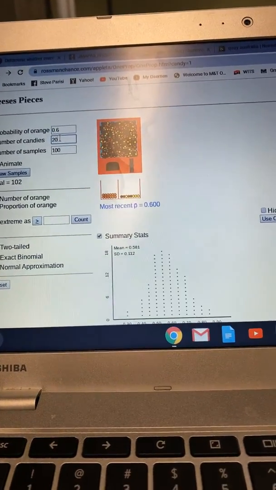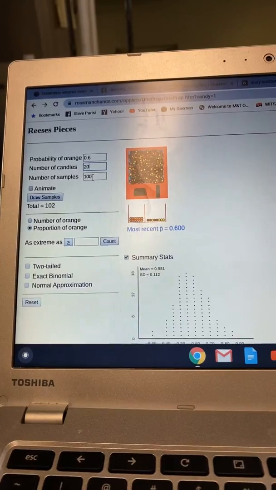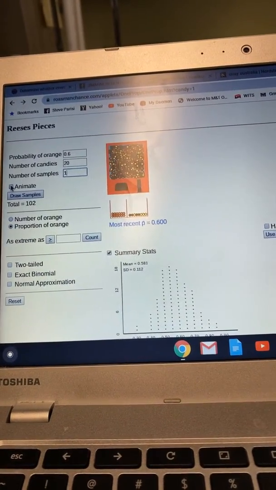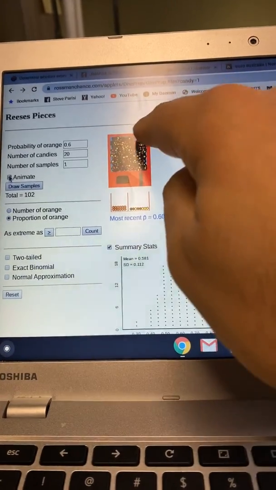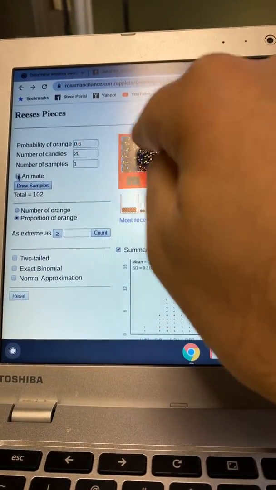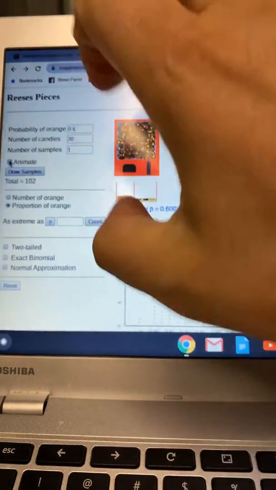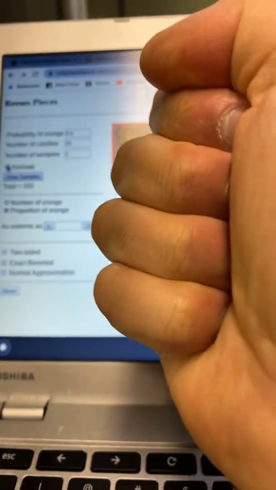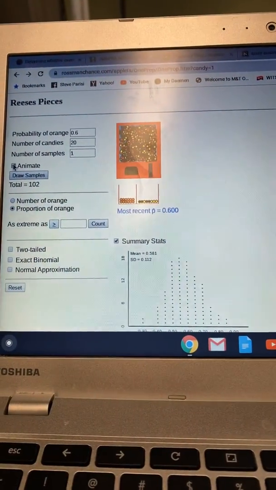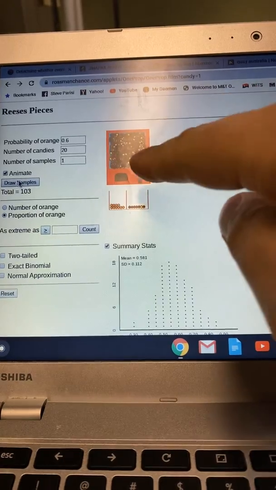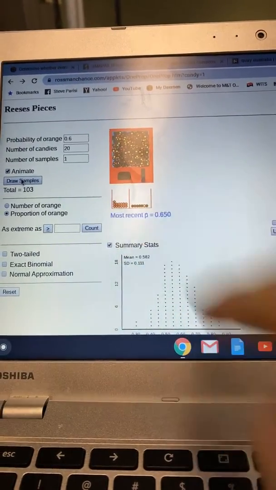And what I'm going to do is sample 20 of these pieces. In here, I'm saying let 60% of these values be orange. Now I'm going to grab 20 candies out of here and see how many of them are orange. See, the computer is randomly dropping in all the oranges.